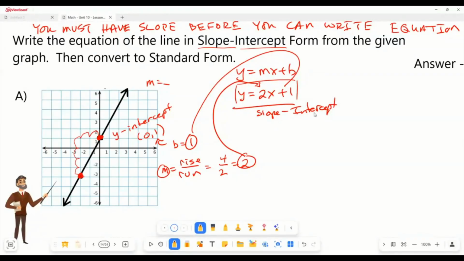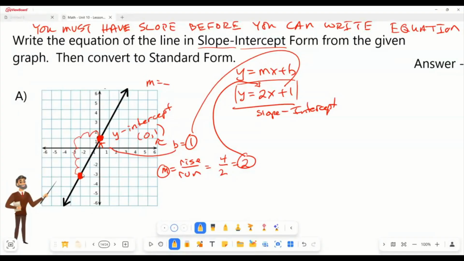Slope-intercept: y equals mx plus b. On a graph, the spot where it crosses the y-axis is the y-intercept, and that right there is going to be b. Then use rise over run and determine how do I get from the leftmost point to the rightmost point.